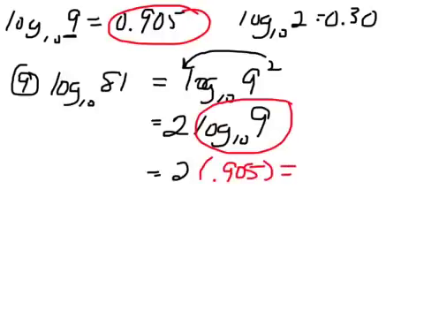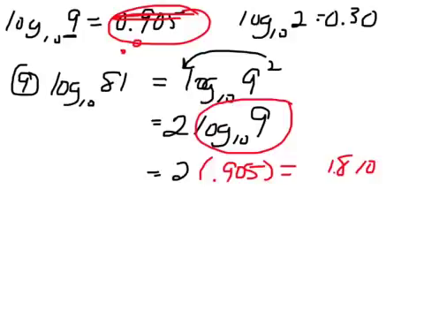It says accurate to 2 decimal places. They say it's 1.90. Oh, that's because I copied it down wrong.